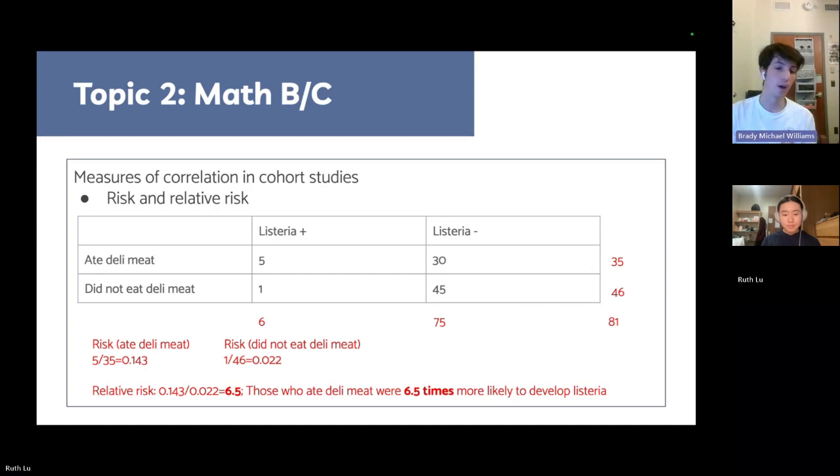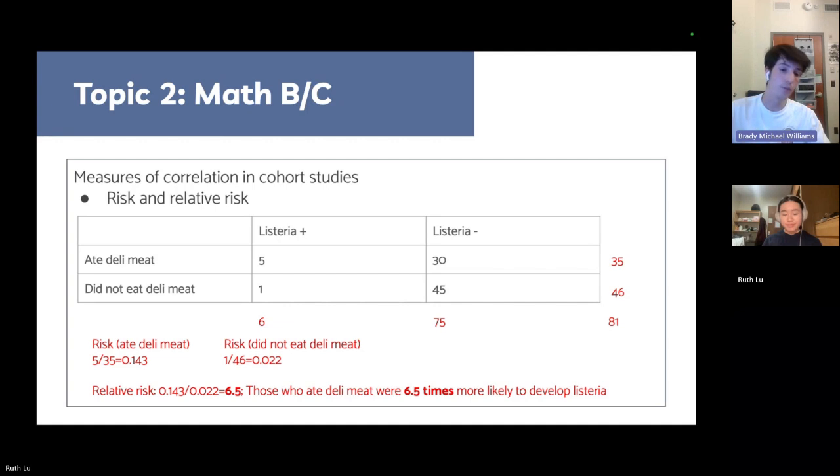That would be 5, the number of people who ate it and got the disease, over the total number of people who ate the deli meat, which is 35, right? And that gets you a value of 0.143. And then we can calculate the risk for not eating the deli meat as well. That'll be a similar thing, 1 over 46 is 0.022.